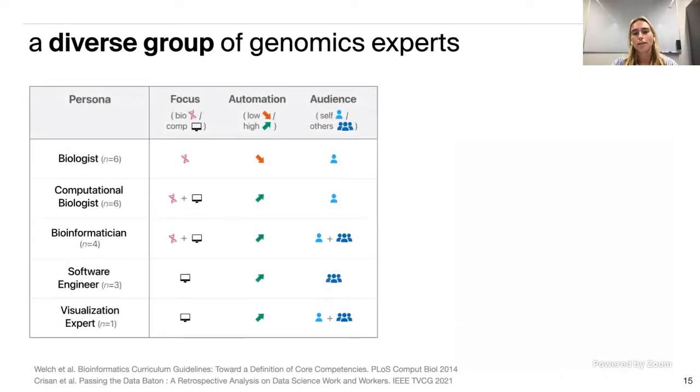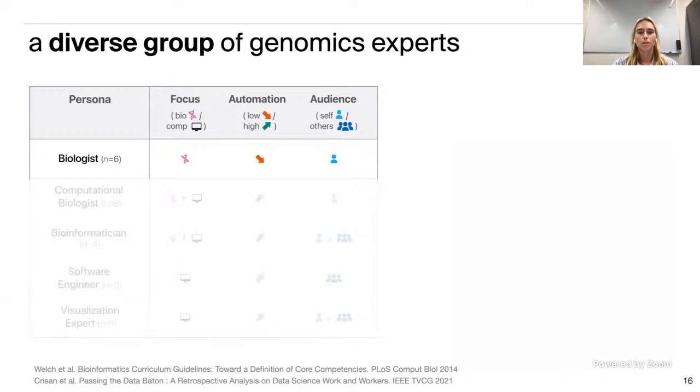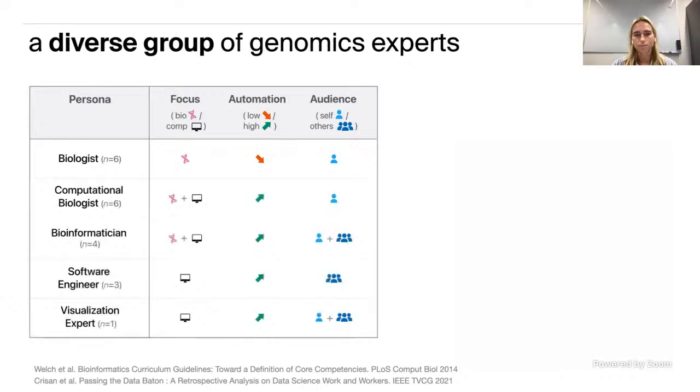We actually found 5 personas that can represent these diverse users in genomics authoring. And we categorized these using 3 additional dimensions: the focus of their study, the level of automation in their work, and the audience. So, for example, biologists tend to focus more on biological questions, have low levels of automation, and author primarily for themselves.